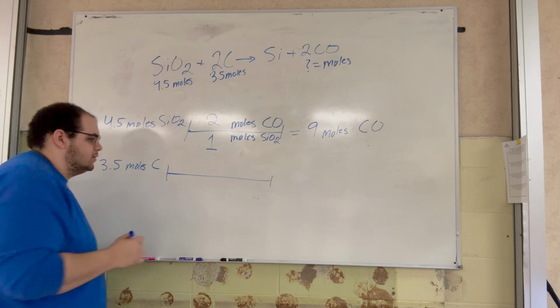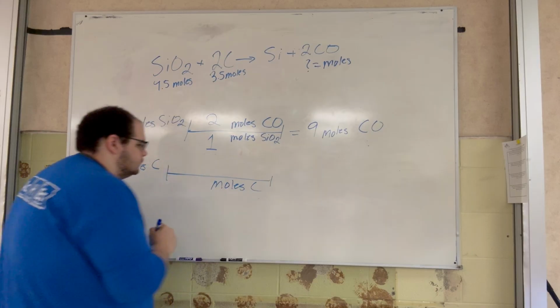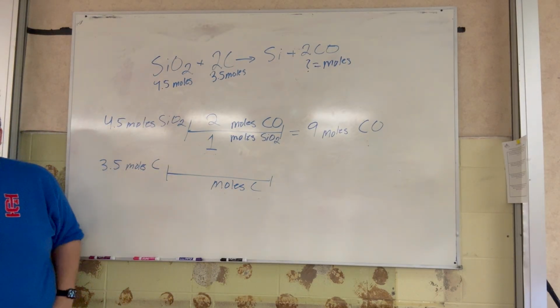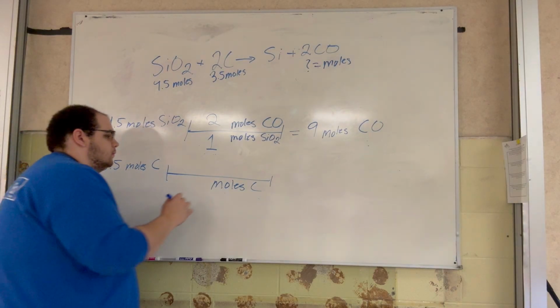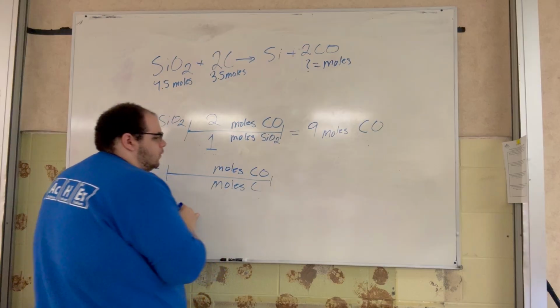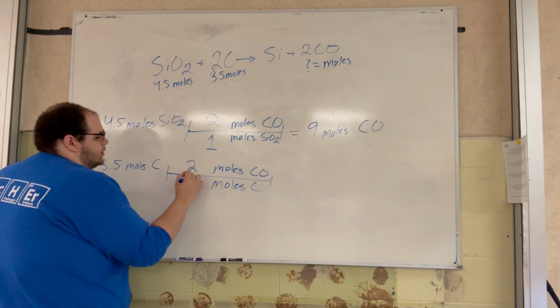You're given. Moles of carbon. What's going to go above moles of carbon? CO. Moles of CO. I have moles over moles. Where do I get my numbers? 2 and 2. The mole to mole ratio.